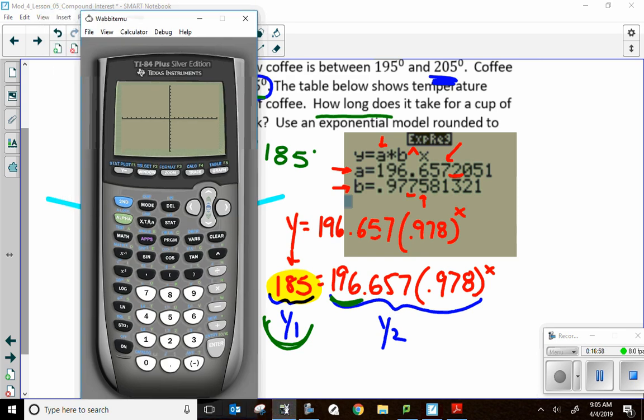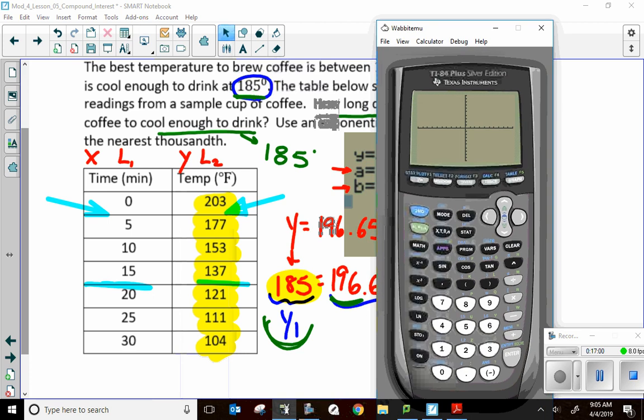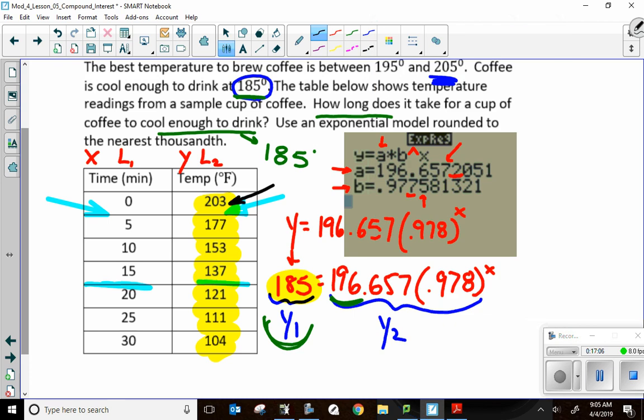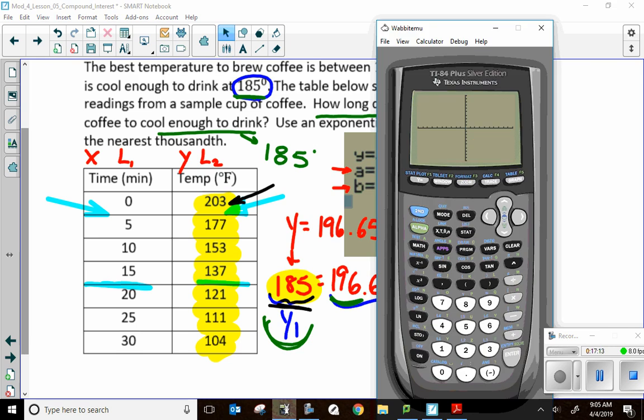Let's adjust my window. I know I need to start above 196. Actually, I should start on my y-axis at 203, and I want to include 185. So let's change my window. Window. Let's go to my y's. I'm going to start, let's call it, at 220.